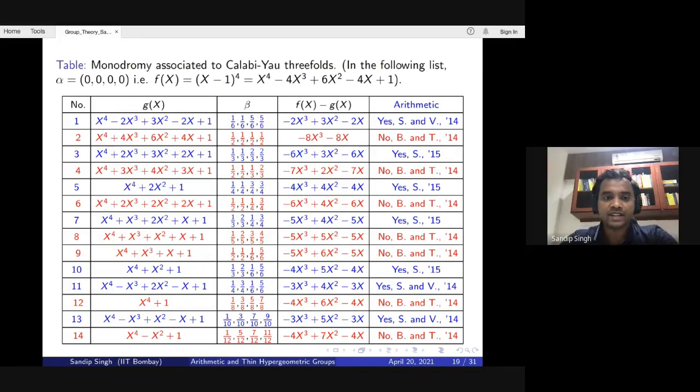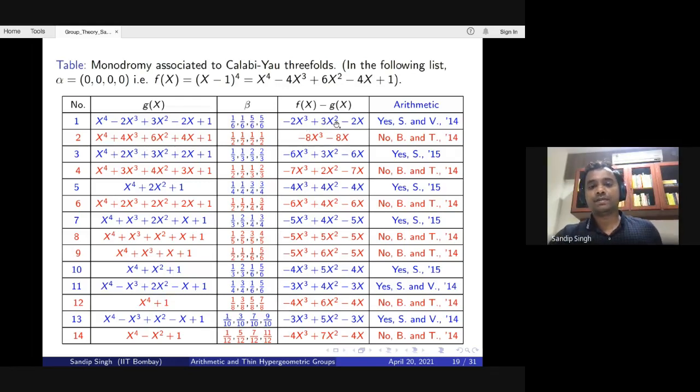So yeah, these are the 14 groups I just described here. In this case, f is (x minus 1) to the power 4, g is this polynomial, and f minus g is also mentioned here. So we can see the first example directly satisfies the criterion of our theorem, right?